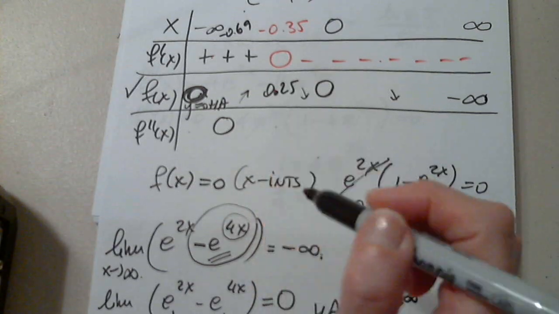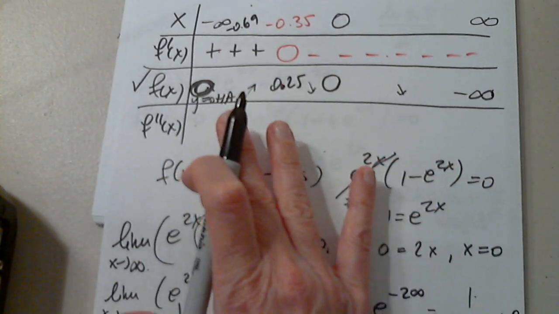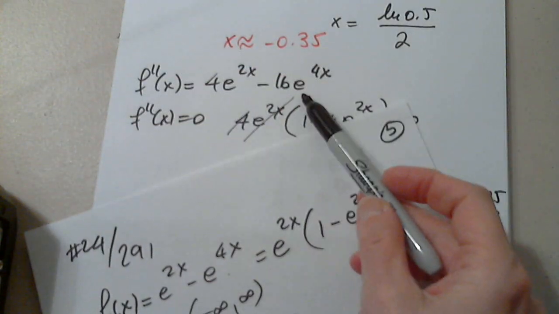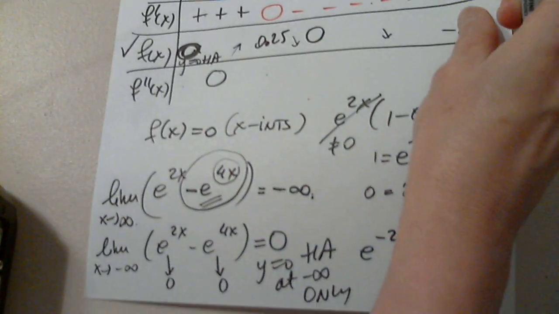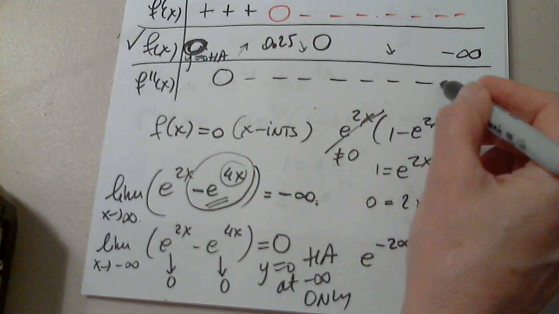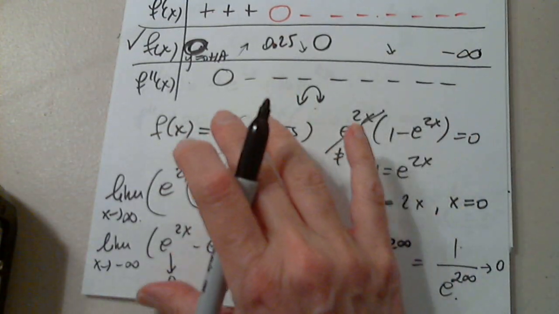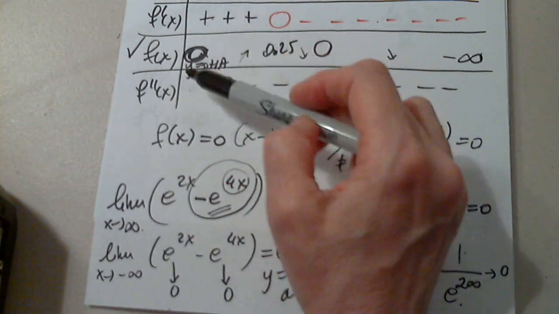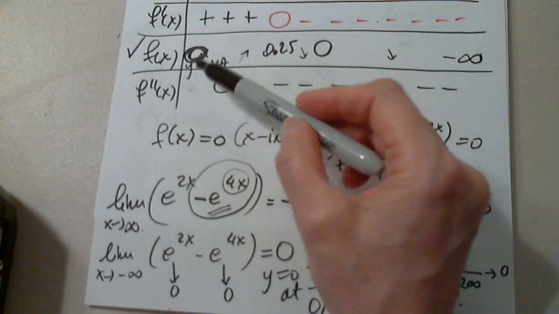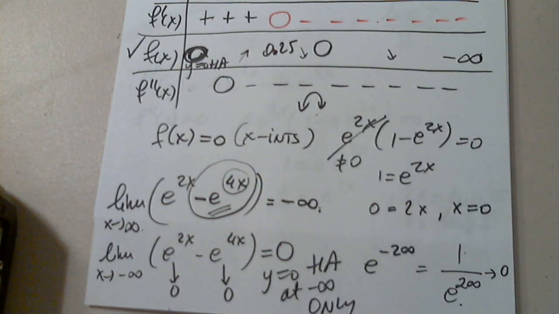But now I have to study the sign of the second derivative. So when I plug in 0 in the second derivative, I have a negative number, which means the function opens downward. But now in the second derivative, I want to convince myself that this is positive, so I'm going to plug in negative 10.